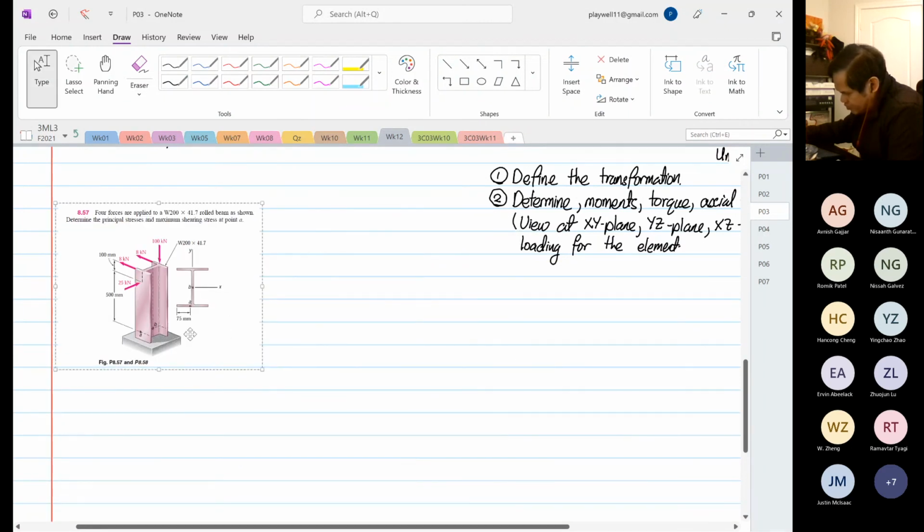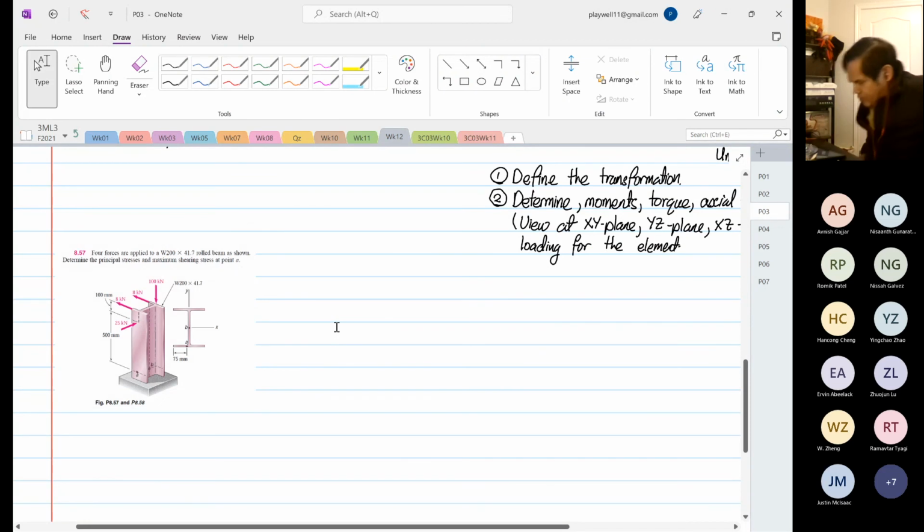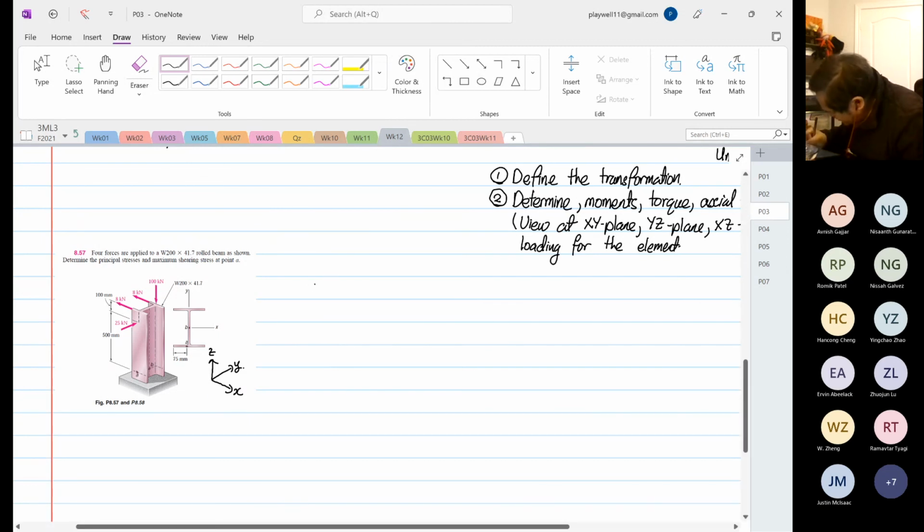So the first thing we're going to do, this is my transformation first. I'm going to look at the XZ plane. We're going to look at the XZ plane.